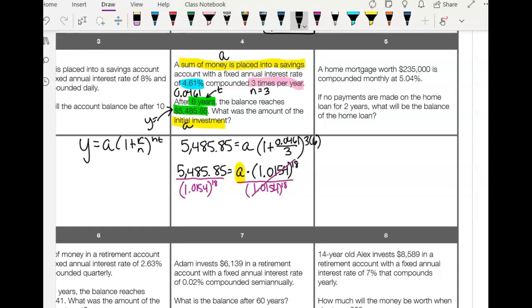So let's go ahead and plug that into my calculator. 5,485.85, make sure I got the right number in there, yep. Okay, divided by 1.0154 to the 18th. All right, and we enter that.